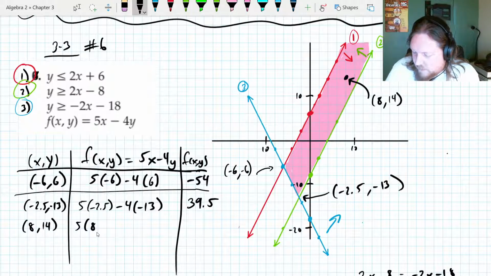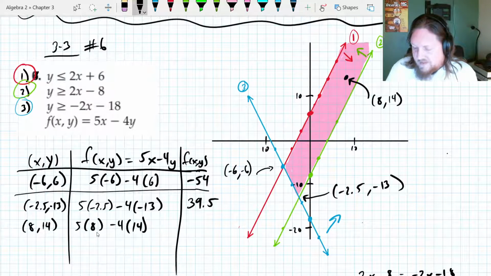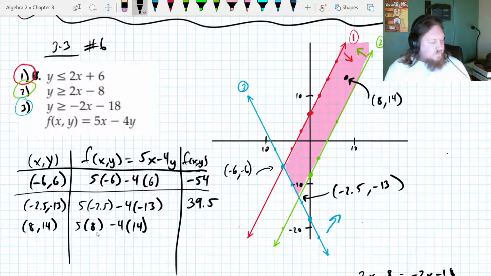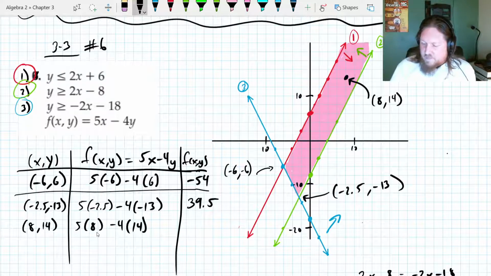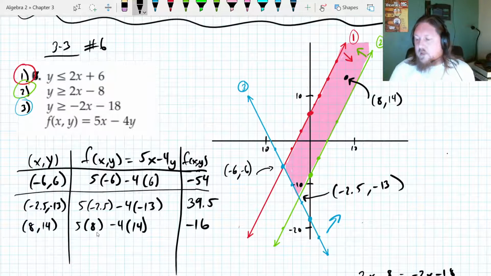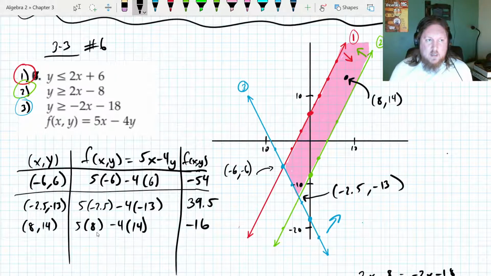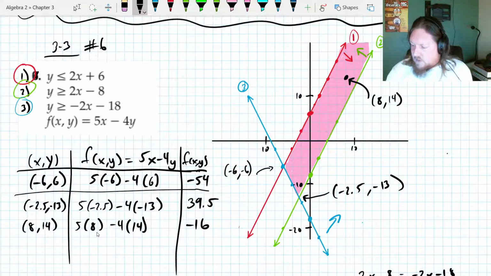So 5 times 8, that's going to be 40. 14 times 4, that's 56 or something like that. 5 times 8 minus 4 times 14. I get negative 16. Okay, so that one didn't really help me out. It doesn't really knock any of the two out. So now I'm going to pick another one.